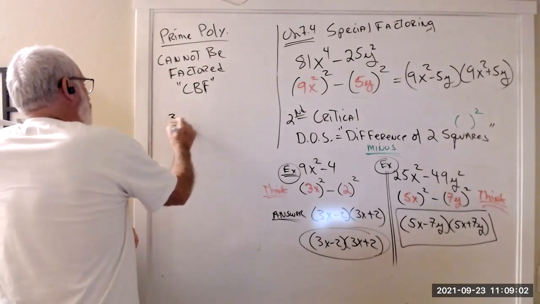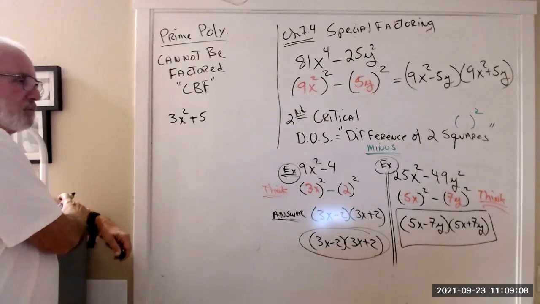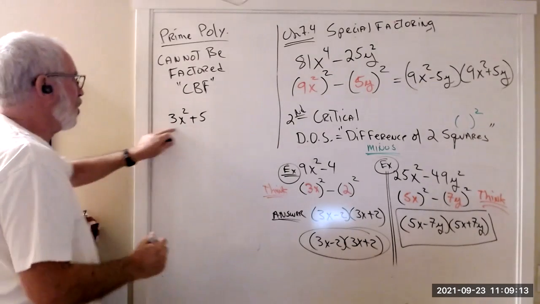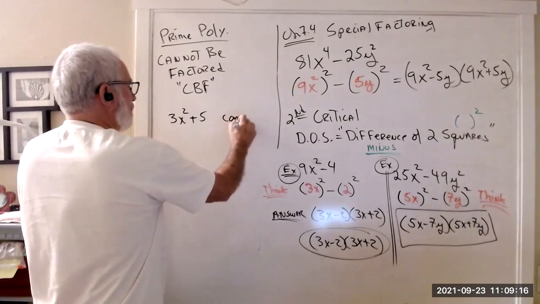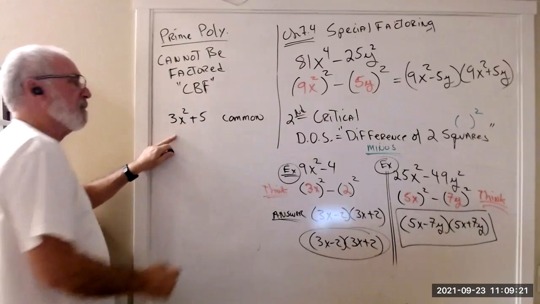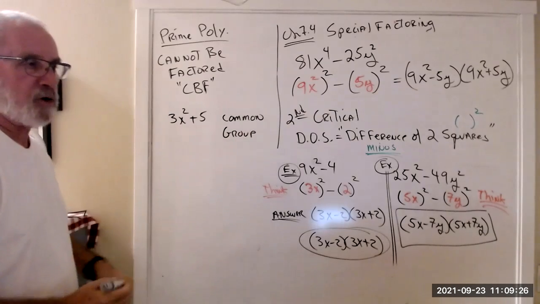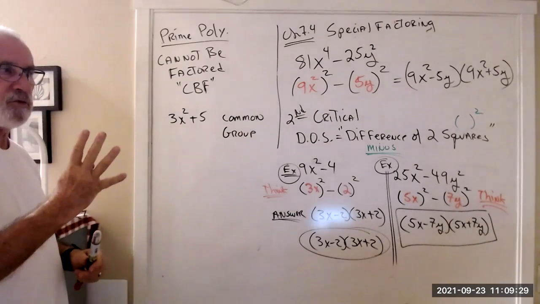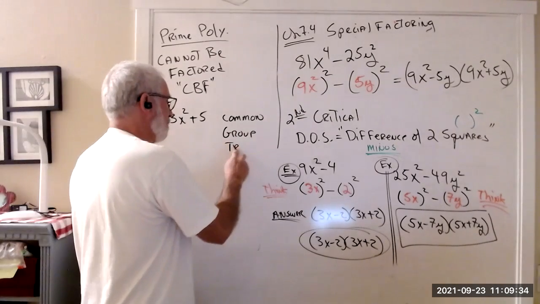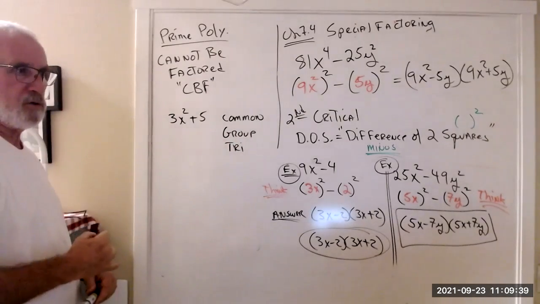what if I gave you 3x squared plus 5? Do they have anything in common? No, they have nothing in common. Is it a grouping problem? No, because a grouping problem has to have 4 terms. Is it a trinomial? No, because a trinomial has to have 3 terms.